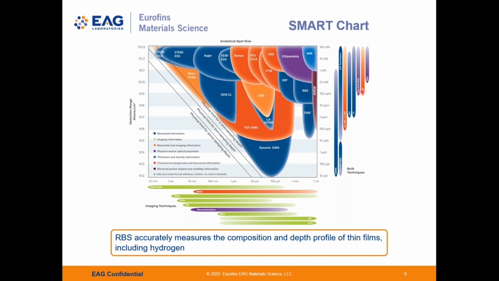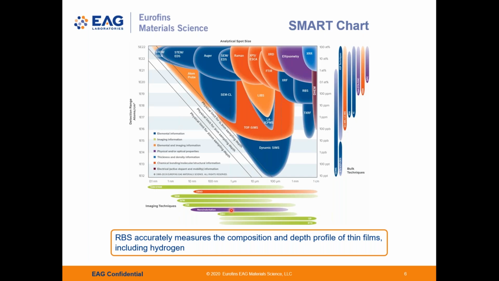Outside the box on the right, we have bulk techniques. These techniques have a range of detection limits, but do not provide information regarding depth. Below the box are the imaging techniques. These can measure surface properties and features of various sizes, but do not provide chemical or compositional information.